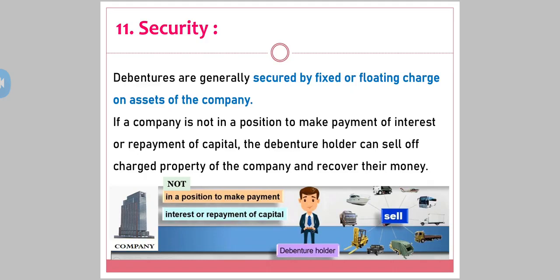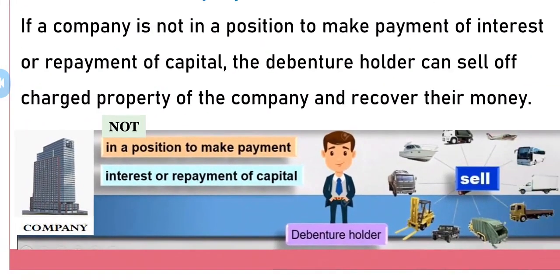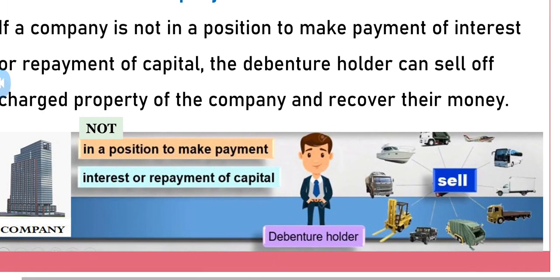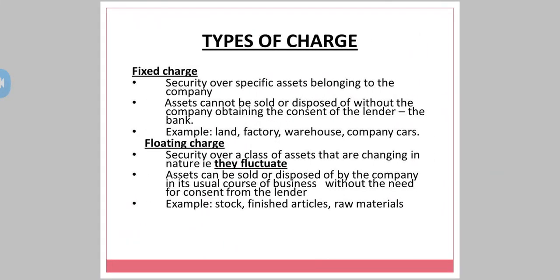So yes, the debenture holder can sell off the charged property of the company and recover their money. See, here in the diagram you can see that if the company is not in a position to make payment of what? Interest or repayment of capital, the debenture holder can sell any of the property or assets of the company. Now, you have seen these two words, fixed charge and floating charge.